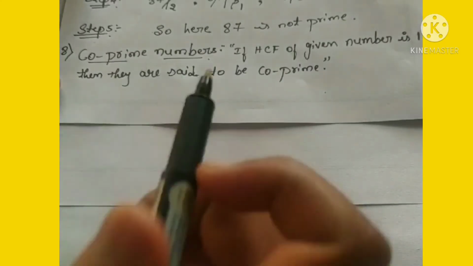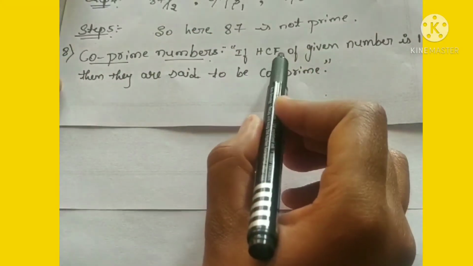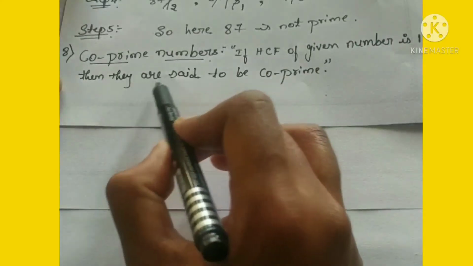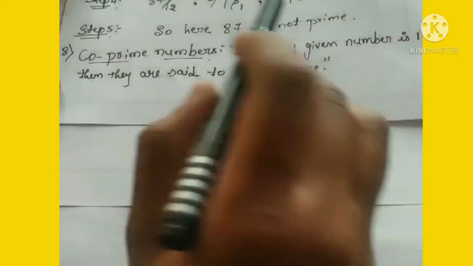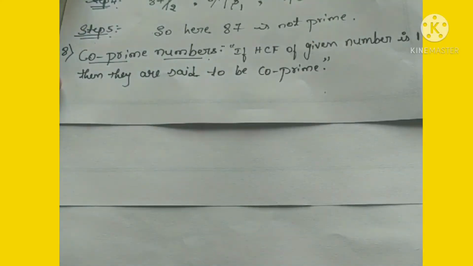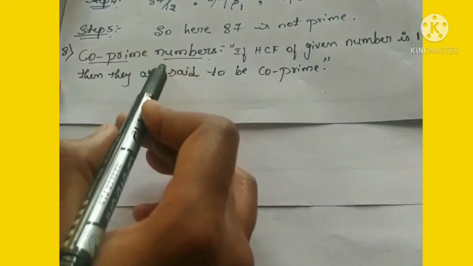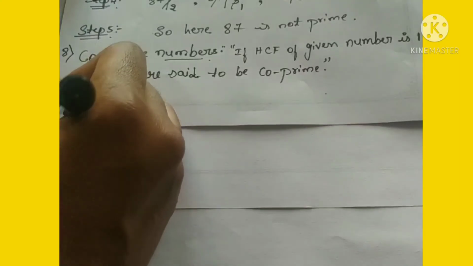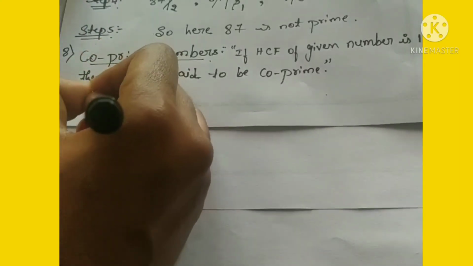Next topic is co-prime numbers. Co-prime numbers means if the HCF of the given numbers is 1, then they are said to be co-prime. Here HCF means highest common factor. I will explain with the help of an example. I take the example 4 and 6.